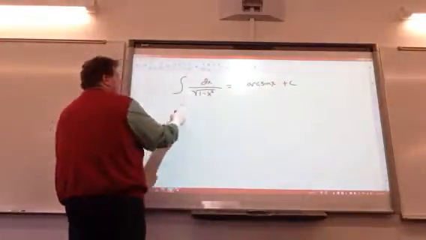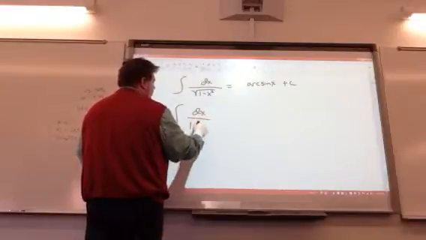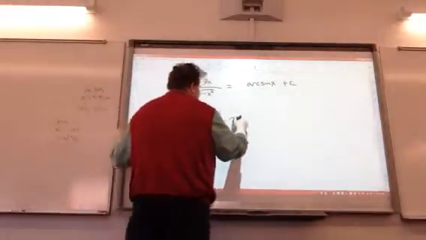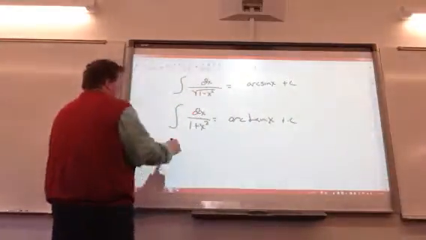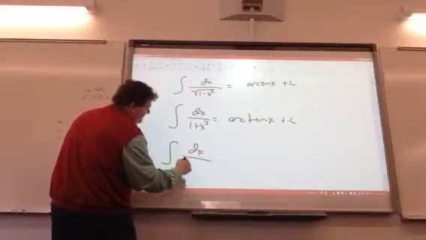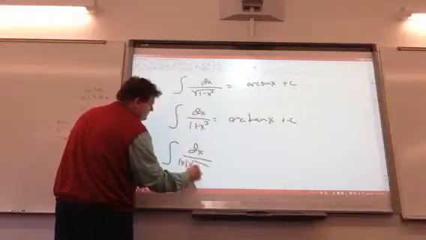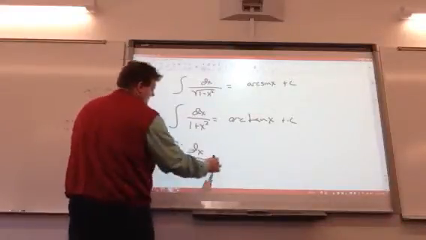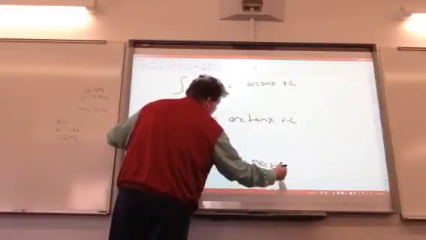The integral of dx over 1 plus x squared is my arc tangent. And lastly, the integral of dx over absolute value of x times the square root of x squared minus 1 is my arc secant of x.